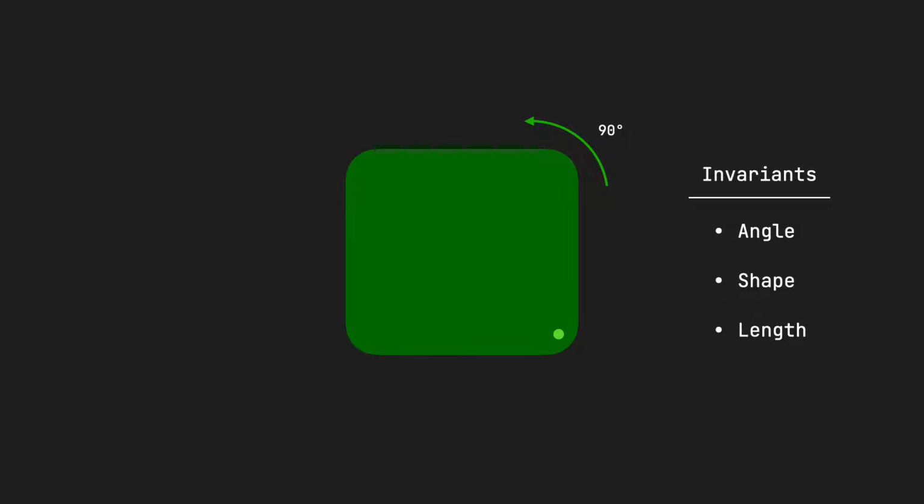So this is an example of applying a group. What is the group that I'm applying here? I could create a set of elements, and these elements are degrees, or radians, of rotation: 0 degrees, 90 degrees, 180 degrees, 270. Then I could define an operation, which is a composition that combines two angles together.